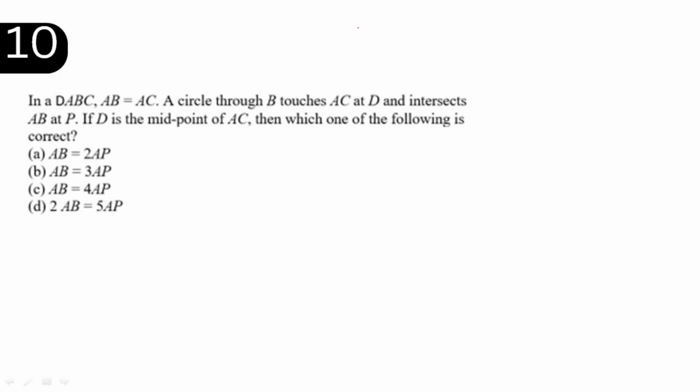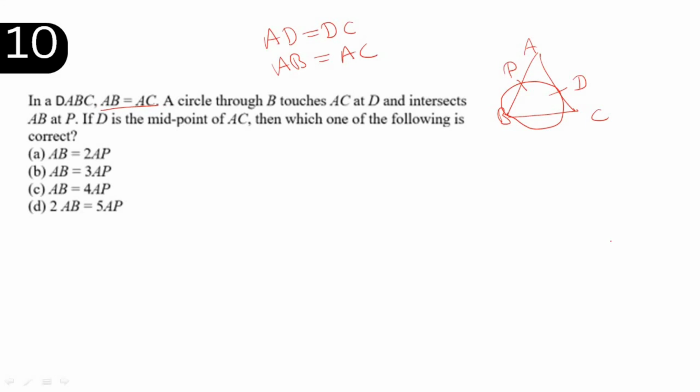Just try to make the diagram first by reading the question. In triangle ABC, AB is equal to AC. A circle through B touches AC at D, and D is the midpoint of AC. It intersects AB at P. D is the midpoint of AC, which means AD is equal to DC, and it is also given that AB is equal to AC.